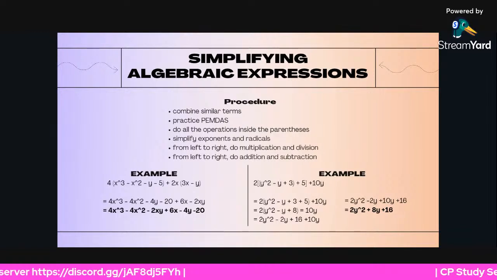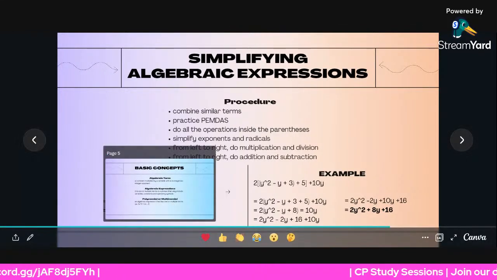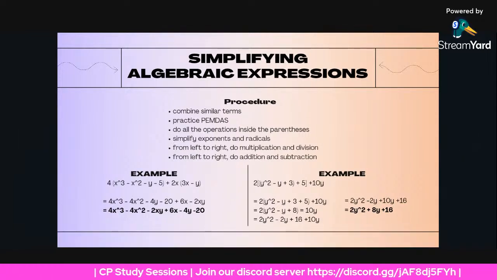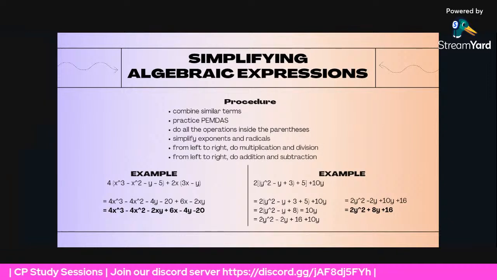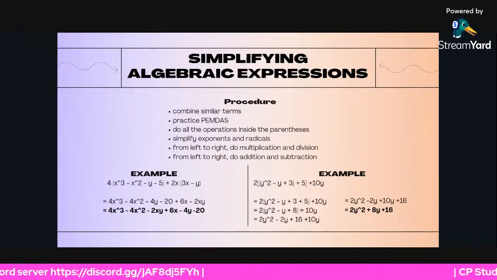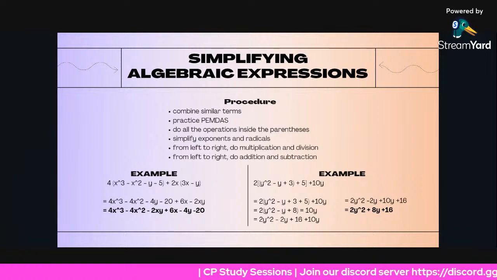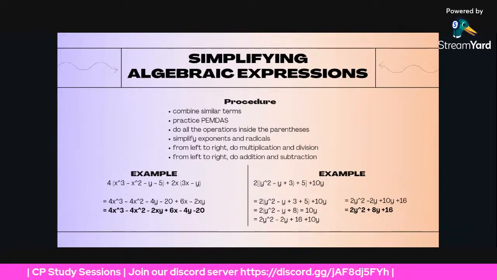Kung kunwari naman, yung x mo is may exponent na 2, x squared y, pwede mo lang siyang i-combine sa terms na may variable din na x squared y. So, again, sa pagko-combine ng similar terms, kailangan yung tandaan na dapat parehas yung variable and yung exponent ng variable na yon.